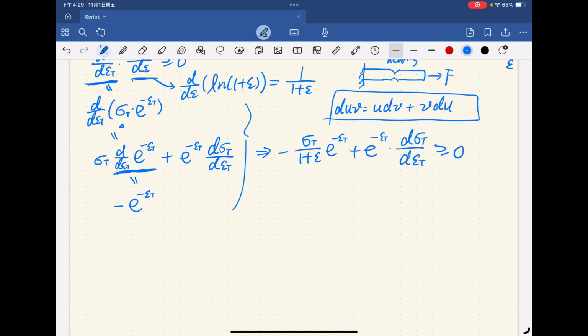And since these terms are all positive, and 1 plus epsilon is also positive, obviously, we can cancel them as well. So after all, we get d sigma t over d epsilon t larger than or equal to sigma t, which is the Considère criterion.